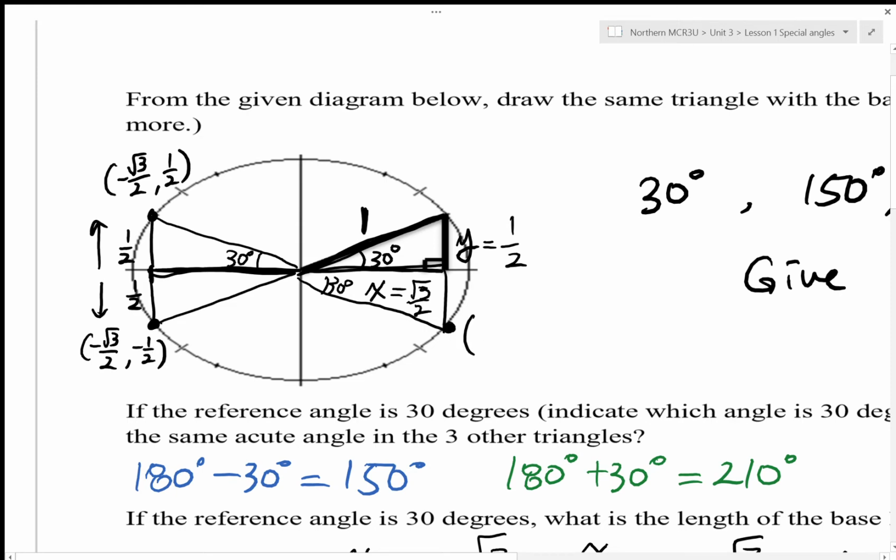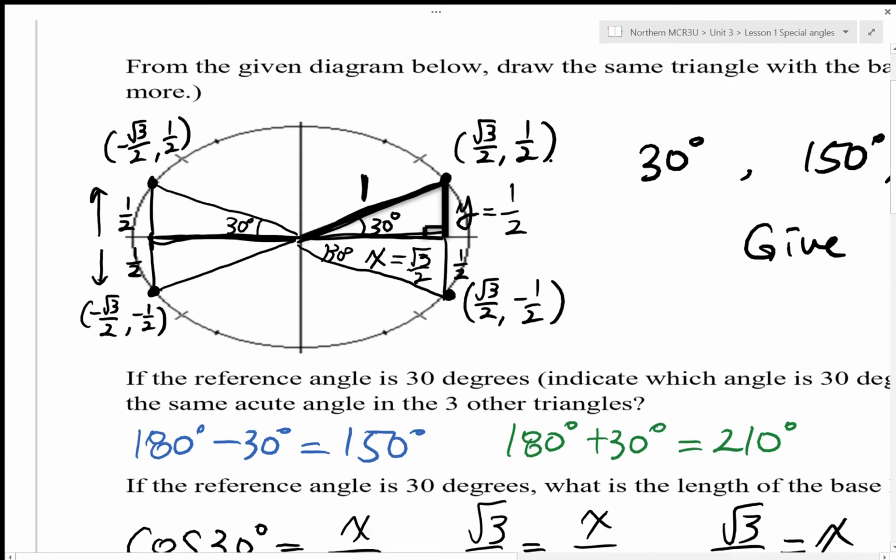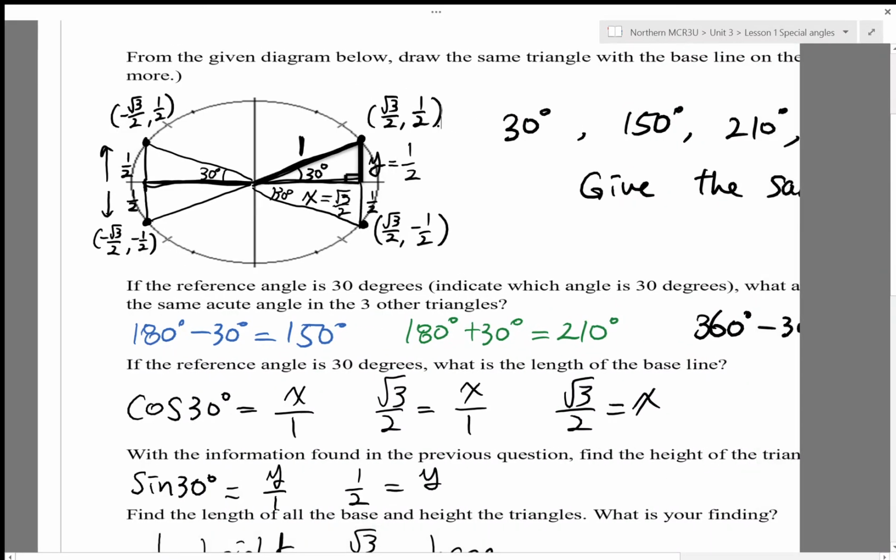However, this time the base actually is going into the positive direction. So it will be square root of 3 over 2, positive. Whereas the 1/2, which is the length of the height, is in the negative section. So it will be negative 1/2. And this one, we have positive and then positive. So these are the coordinates of each point.